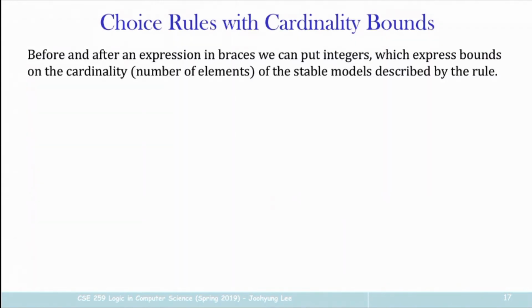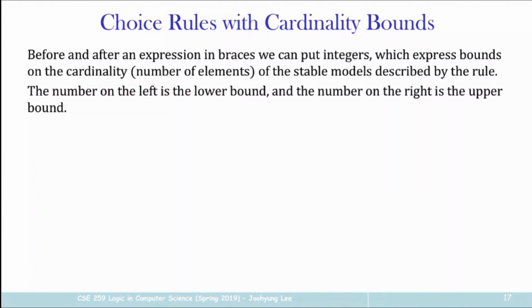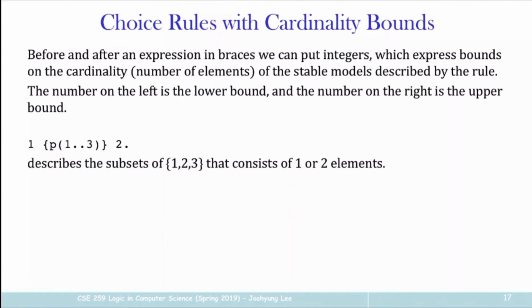And we can also use integer bounds in this set. So here is an example. Without this 1 and 2, how many stable models were there? There were 8, right?